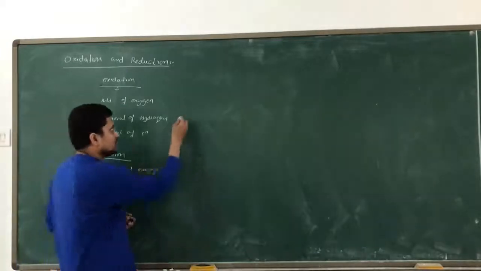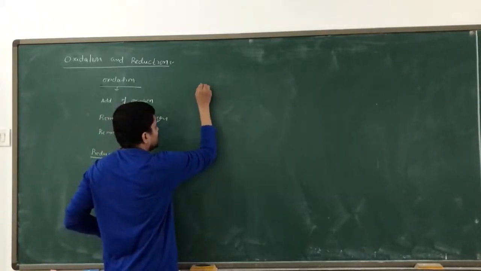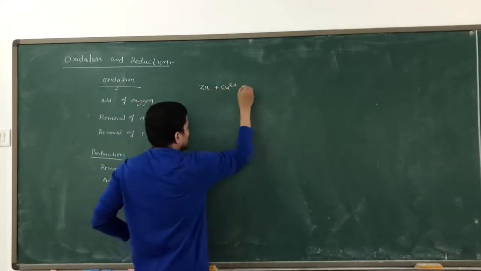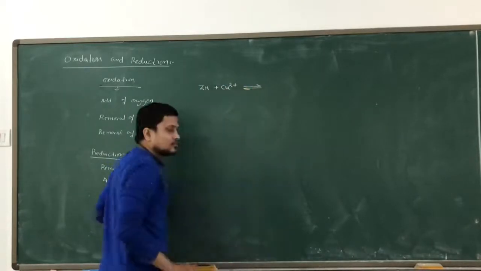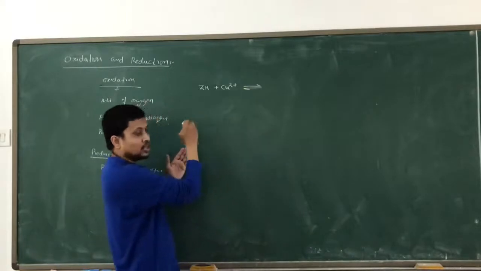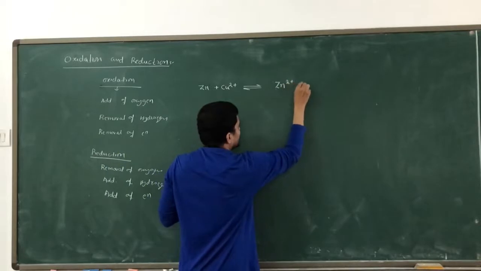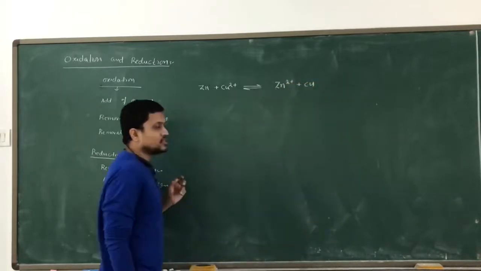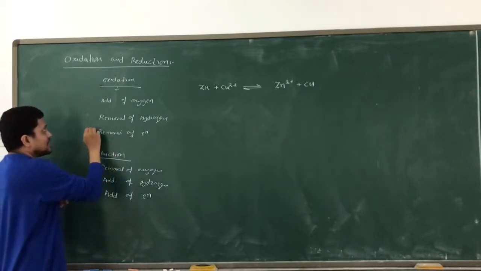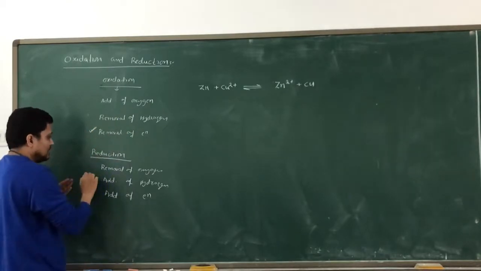For example, suppose I write this reaction: zinc plus copper 2 plus, a reversible reaction in which the product is also converted into reactant. Zinc converts into zinc 2 plus, and copper. If you see, we understand oxidation and reduction in the given reaction very easily by using this term.